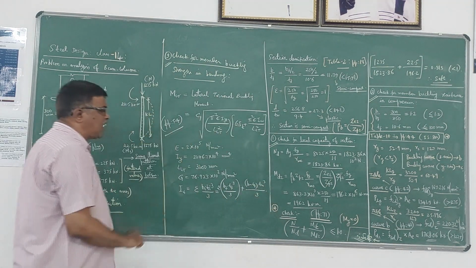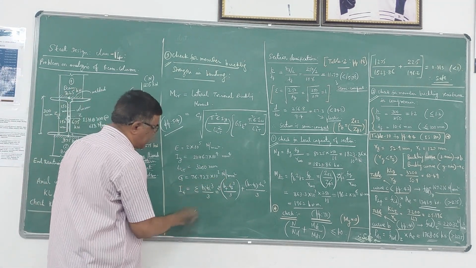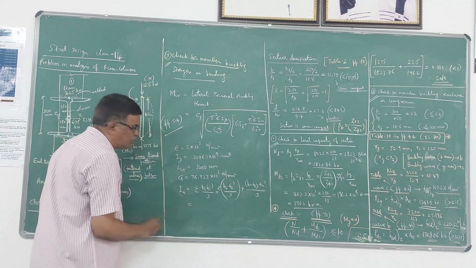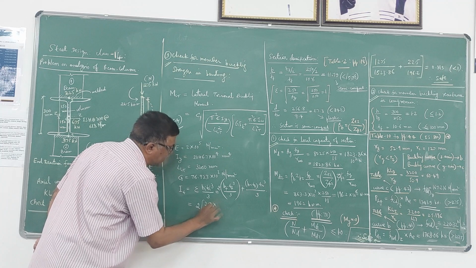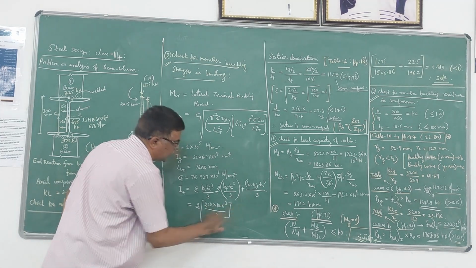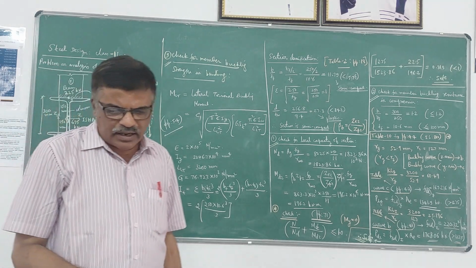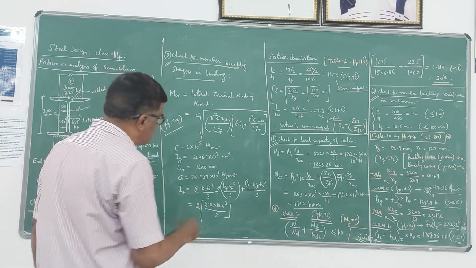Now substituting the values here for Bf, Tf, all those things, and if you simplify, Bf is now, if you substitute, 2 into 250 into Tf is 10.6 cube by 3 plus 300 minus 10.6, correct?